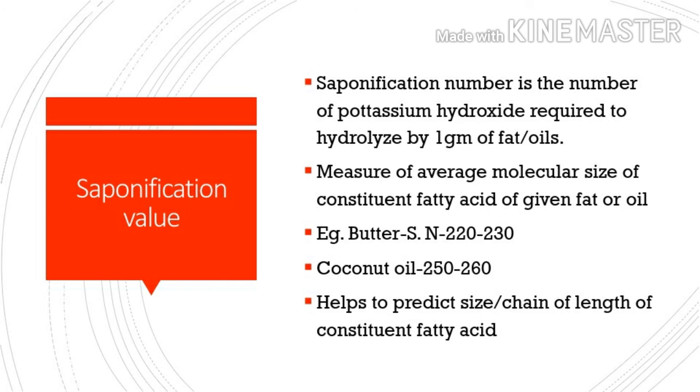So next we move to saponification value. Saponification number is the number of milligrams of potassium hydroxide required to hydrolyze 1 gram of fat or oil. Which chemical compound is it?